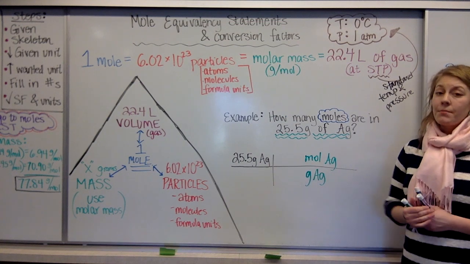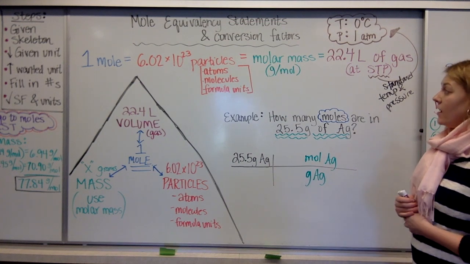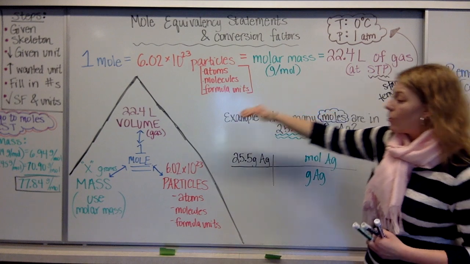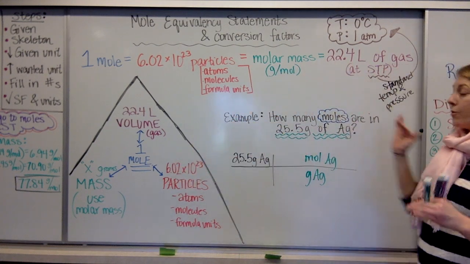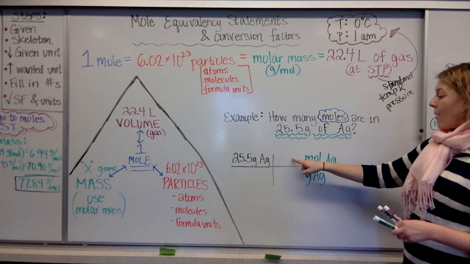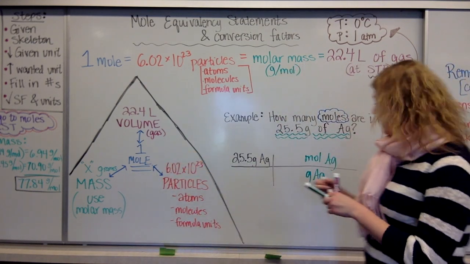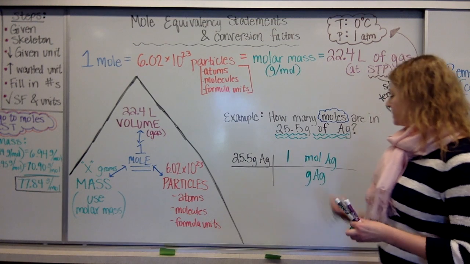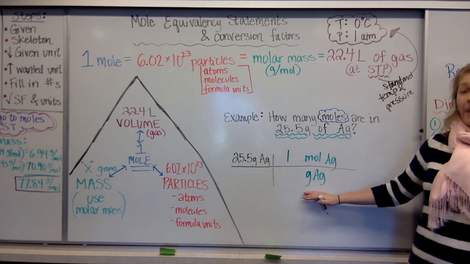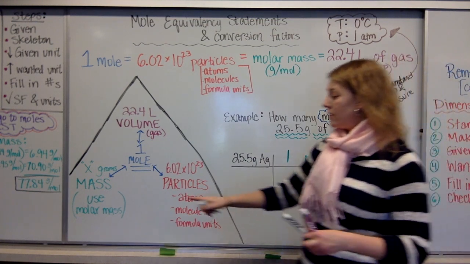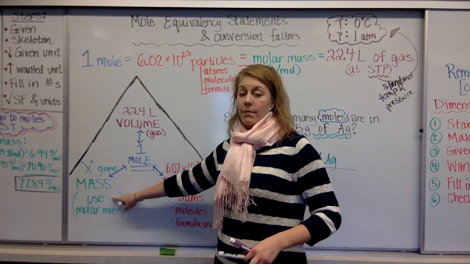Now we need to fill in the numbers. We're going to use that equivalency statement. Whether you're using the one up here or what you see down here, they're both the same. So, how many moles of Ag? Look here. 1 mole is at the center of all of it. So 1 mole is equal to how many grams of silver? This is where we're using the molar mass.